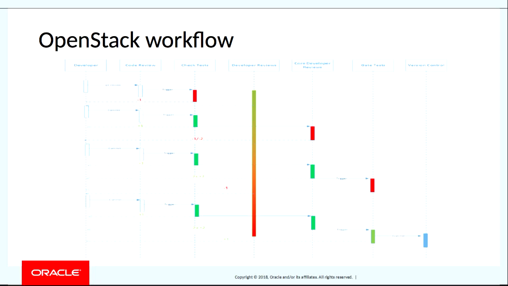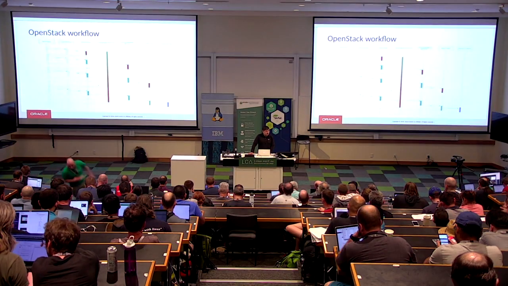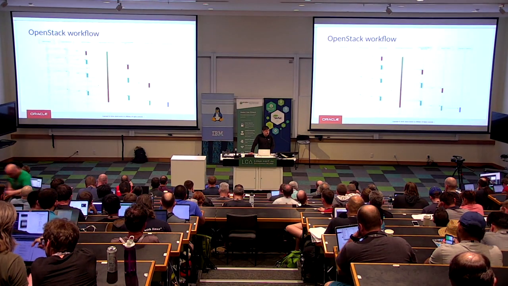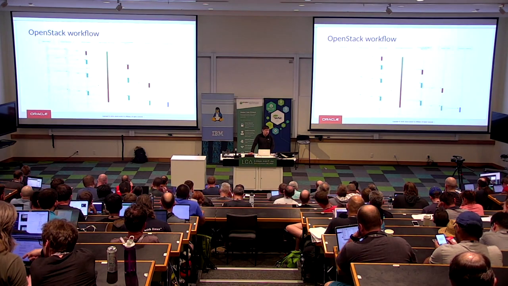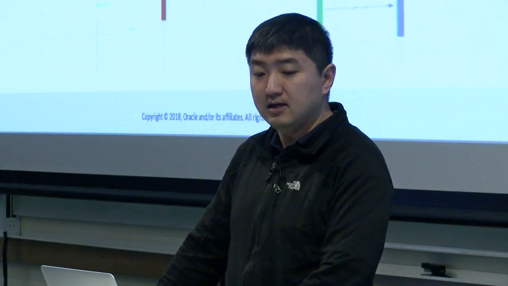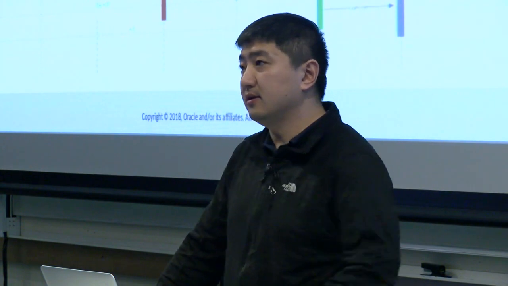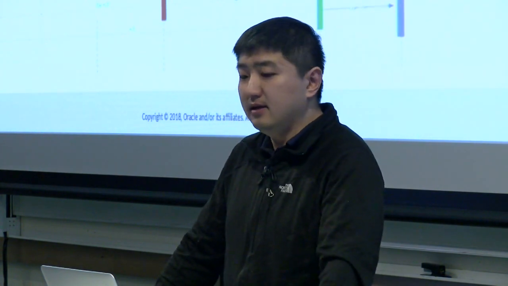Instead of directly submitting the code into the version control system, the developer first submits a patch into the code review system, and then it will trigger the check test pipeline.